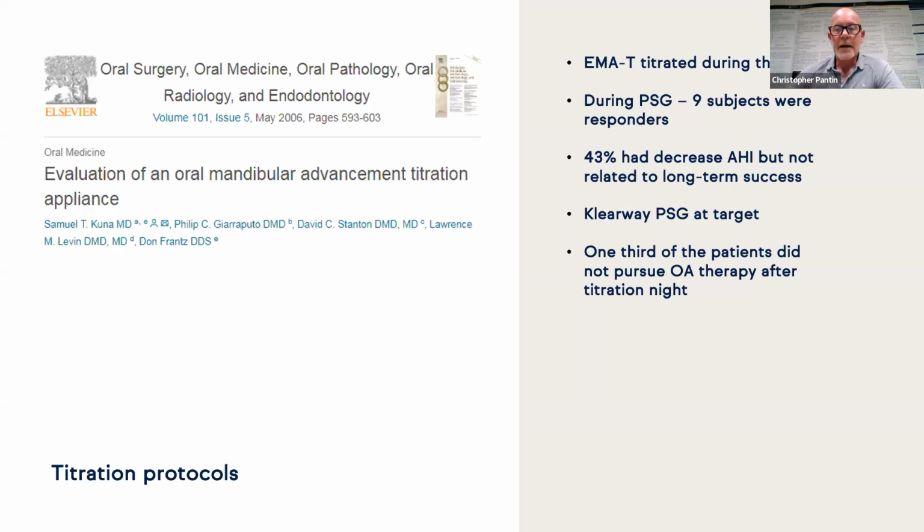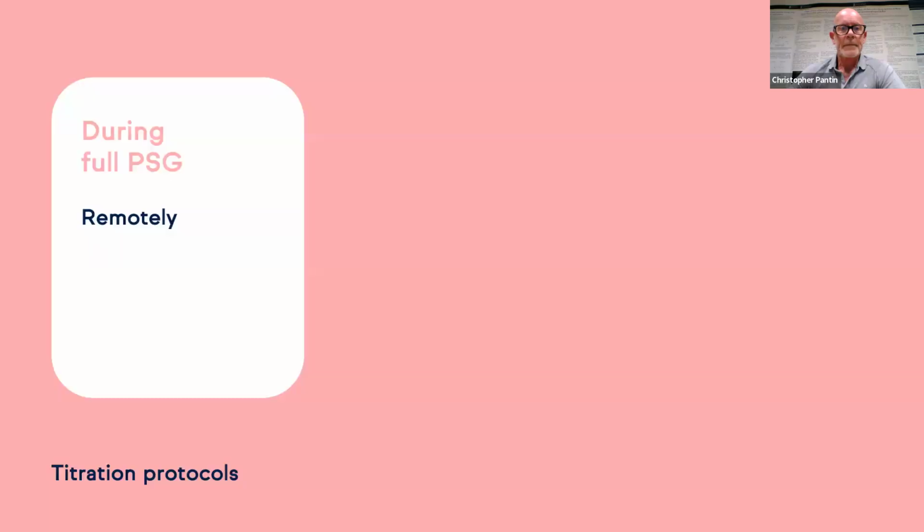One third of the patients did not pursue oral appliance therapy after the titration night. I would suspect that is because they would have been protruded quite a long way to see the optimal position, and also anything that's not custom made is uncomfortable anyway. So it would be around that, I would suggest.